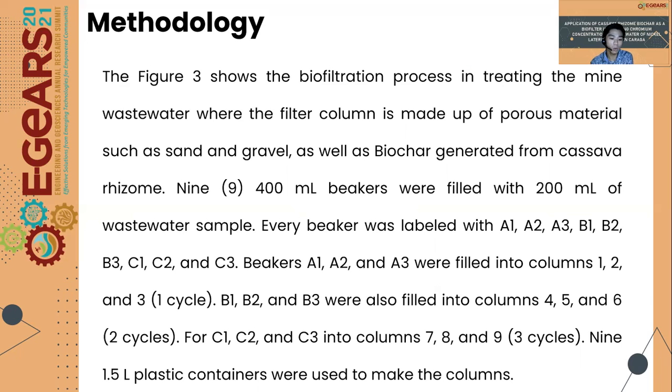Beakers A1, A2, and A3 were fed into columns 1, 2, and 3 using only one cycle. Bs were fed into columns 4, 5, and 6 using 2 cycles, and Cs into 7, 8, and 9 using 3 cycles. Nine 1.5 liter plastic containers were used to make the columns for the biofiltration.